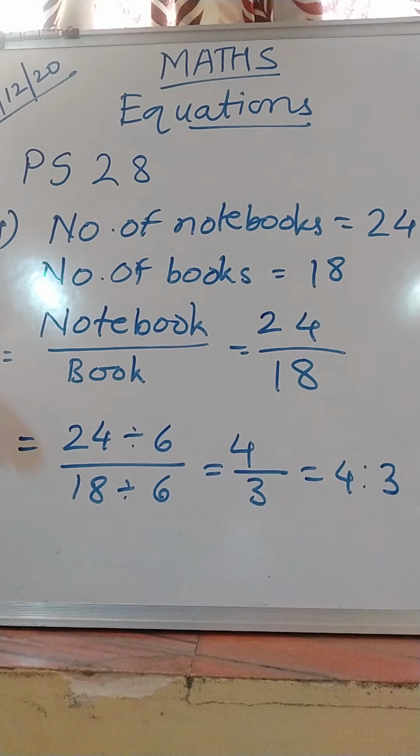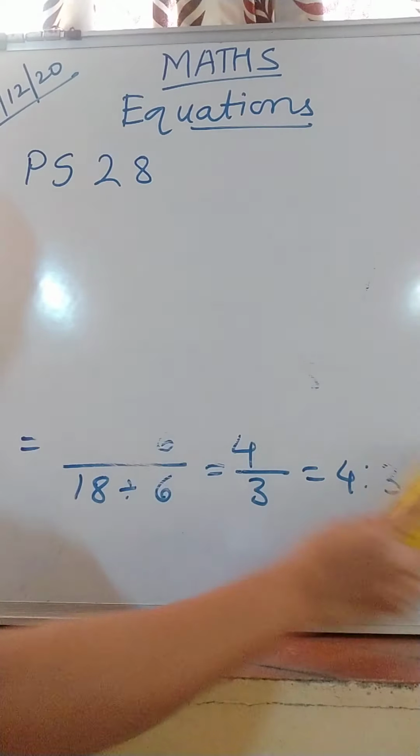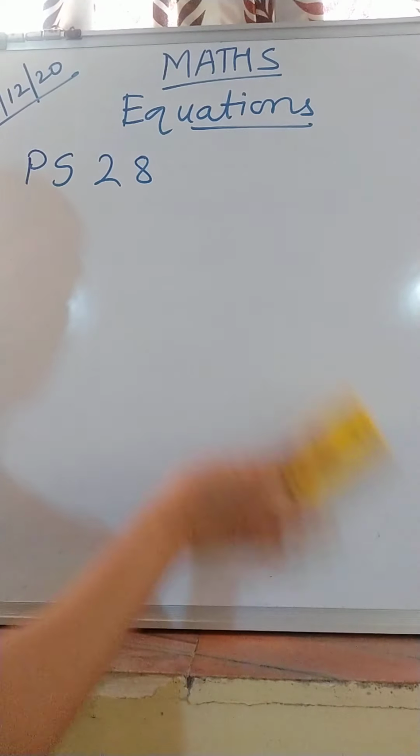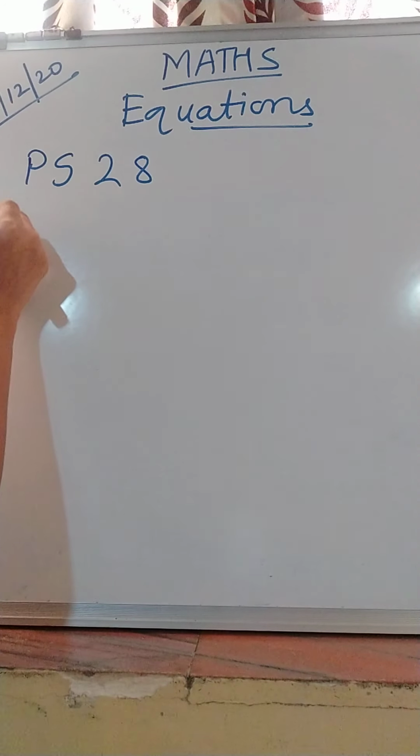Understand? Now move to the next, the fourth one. 30 cricket players and 20 kho-kho players are training on the field. What is the ratio of cricket players to the total number of players? Now see what they have asked.